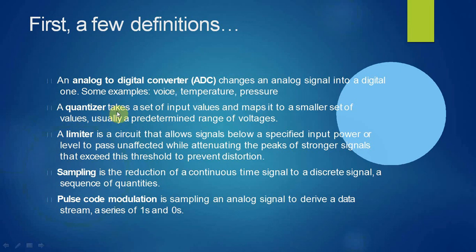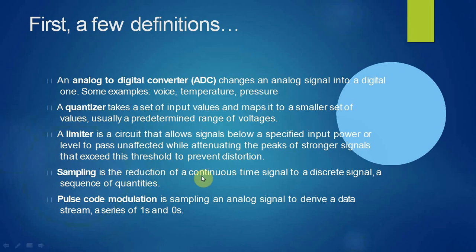The quantizer takes a set of input values and maps them into a smaller set of values, usually a predetermined range of voltages. The limiter is the circuit that allows a signal below a specified input power or level to pass unaffected, while attenuating the peaks of a stronger signal that exceeds this threshold to prevent distortion.